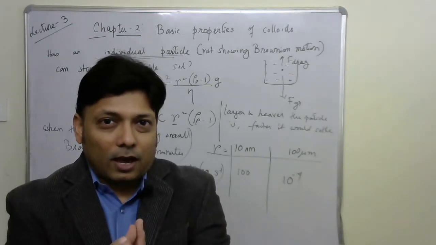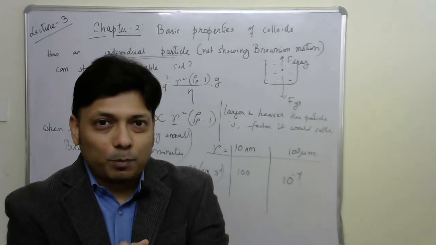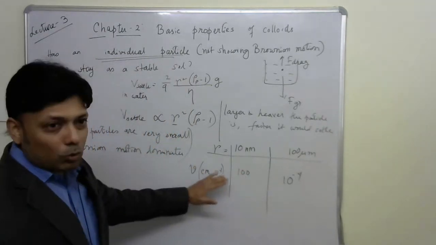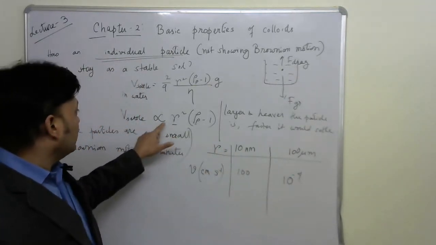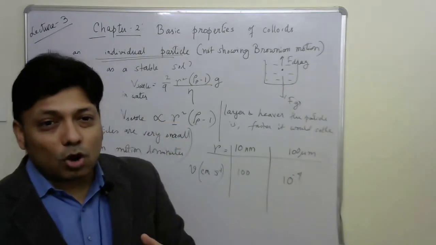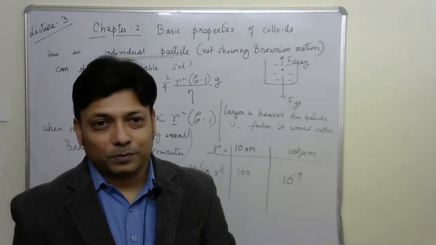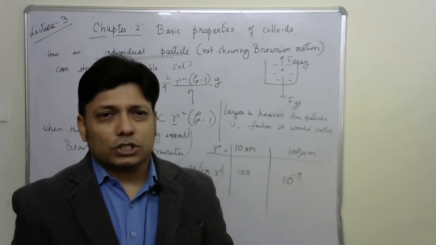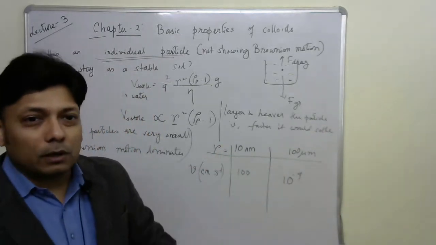And these larger particles would again defy the Brownian motion, because the r square value would become so big, it would dominate and they may settle down.